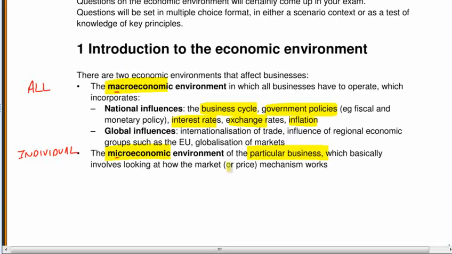And an important part of microeconomics is going to be looking at something called the price mechanism. You may have heard people talk about demand and supply. You may have come across demand and supply in previous studies which you've done, and that's the market mechanism, the price mechanism. And we will cover that in some detail later on in this chapter.